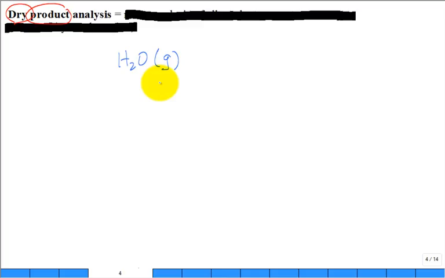And so a lot of laboratories that want to analyze the exhaust products, the products of combustion, will first dry out the gas. They'll get rid of all the water vapor. They'll cool it to condense it, and they'll put it through a desiccant, and then they'll get rid of the water vapor. And so you'll see that a lot of times they'll describe the dry product analysis.